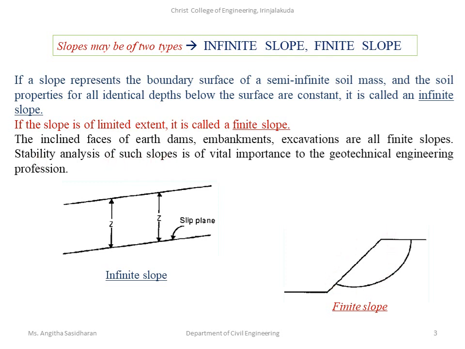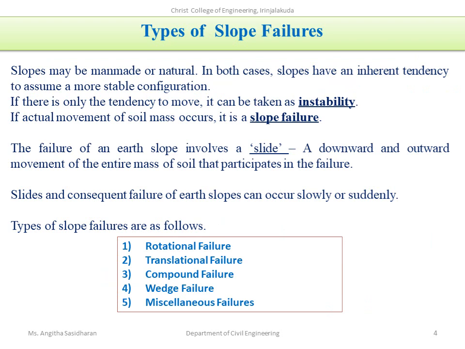Stability analysis of such slopes is of vital importance to the geotechnical engineering profession. Slopes may be man-made or natural, and if a slope fails, it brings damage to life and property.